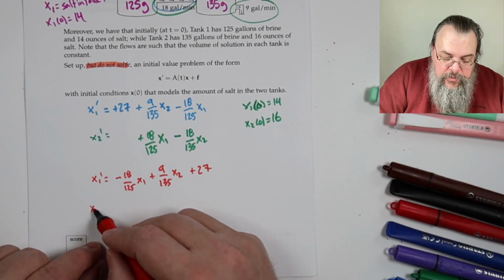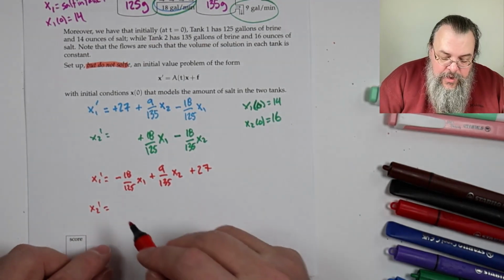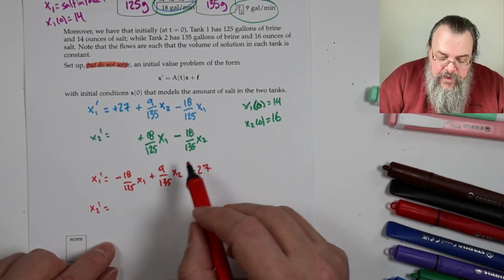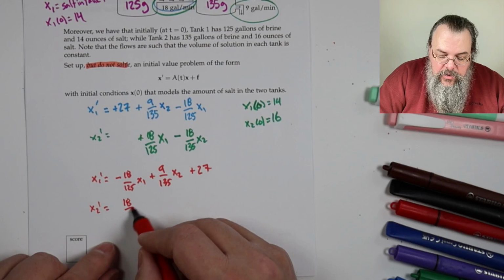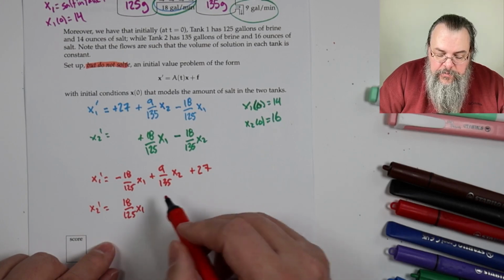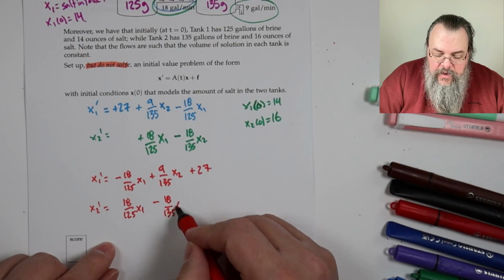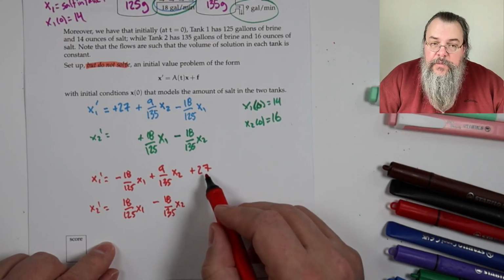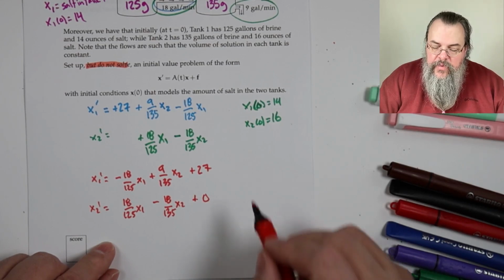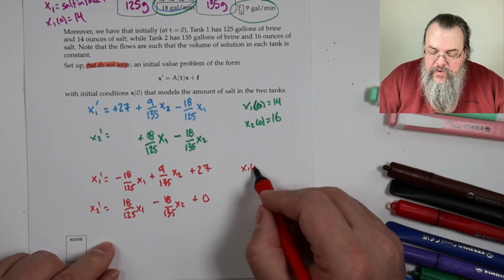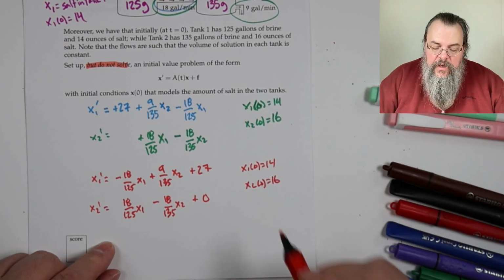And x2 prime, well, what can we do here? Same thing, right? So put the variables in the right order: 18 over 125 x1 minus 18 over 135 x2. Now, there's no plus 27. We can think of it as a plus 0 if you like. And then we have x1 of 0 equals 14, x2 of 0 equals 16.